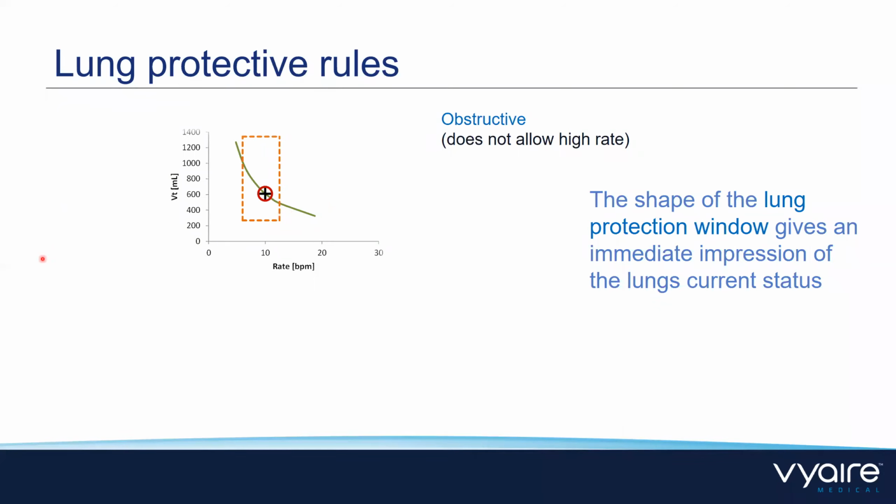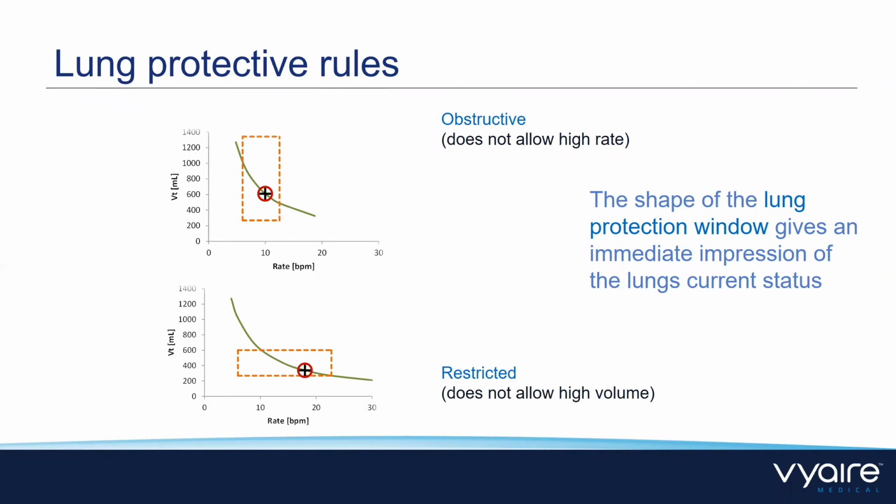Going in this way, we also see that this is more horizontal rectangular shaped. So this means that this patient doesn't have any problems with exhaling, but the maximum tidal volume is very low.